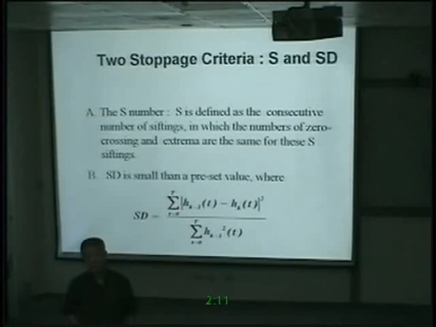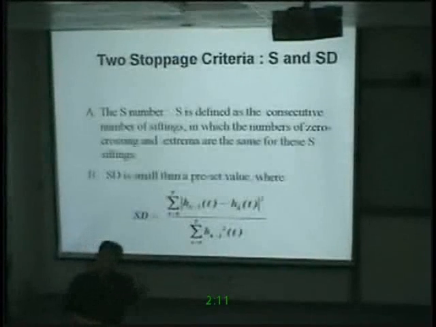So this is a very, very strict condition that actually goes back to the definition of IMF. This does not have anything to do with the definition itself. But the variation of this is that the mean of the upper and lower extrema is zero, and that is another part of the definition of IMF.